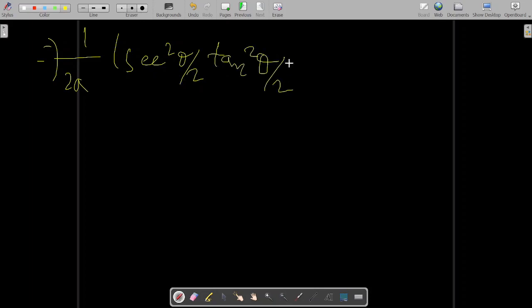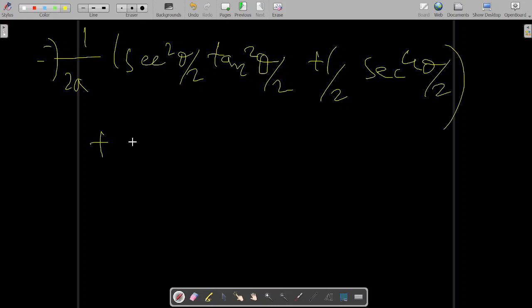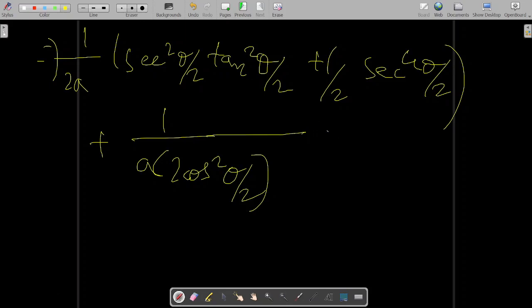So your expression will turn out to be, if you look properly, something like this: [d2u by d theta 2] plus 1 by 2 sec power 4 theta by 2 plus 2 cos square theta by 2 is equal to f by h square u square.